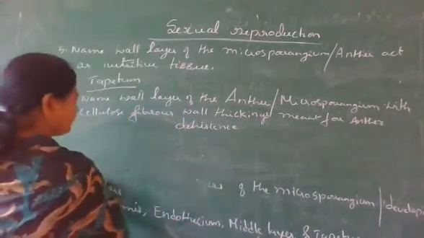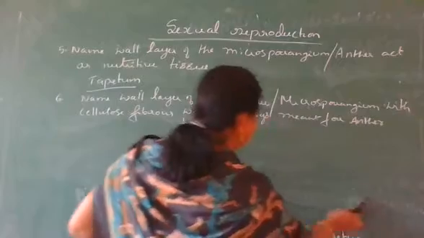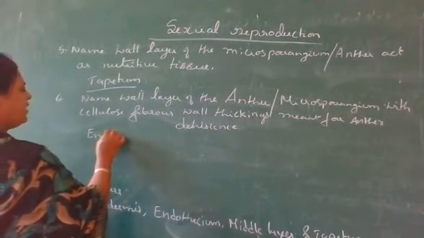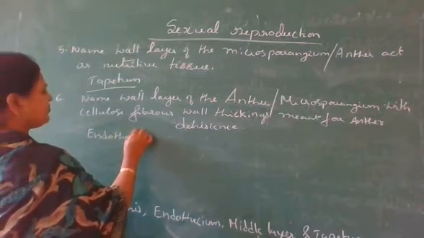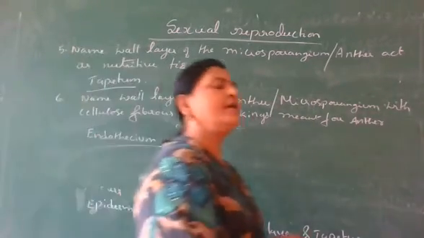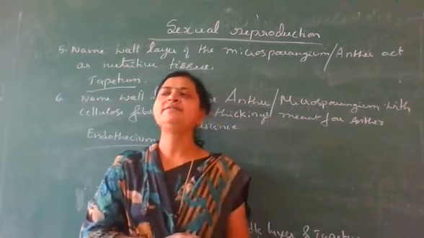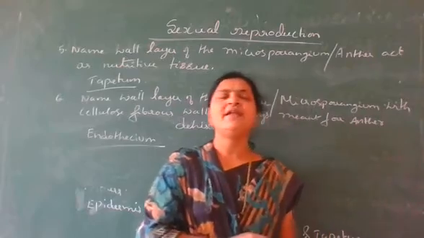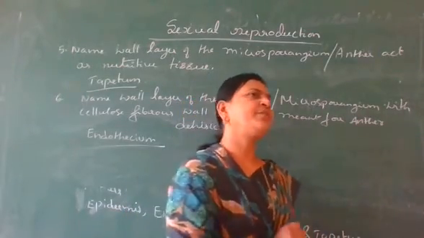That is which one? Endothelium. The answer is endothelium. So the endothelium usually has cellulose fibrous thickening in its radial walls.